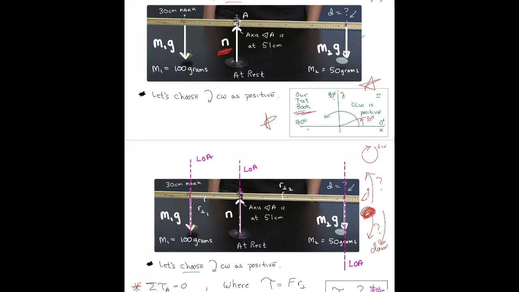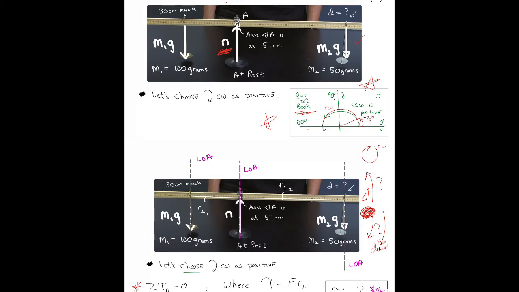Angles are always positive going counterclockwise. So for example, that's 30 degrees, 90 degrees, 180 degrees, and so on. So it says that any angle or any rotation that's counterclockwise is positive.